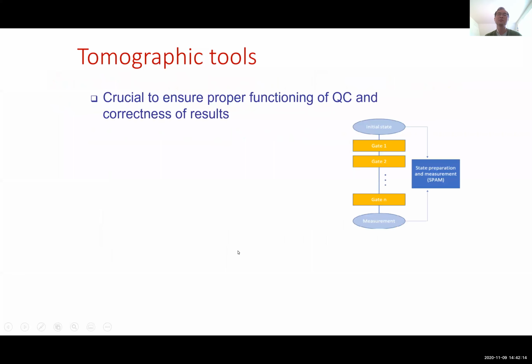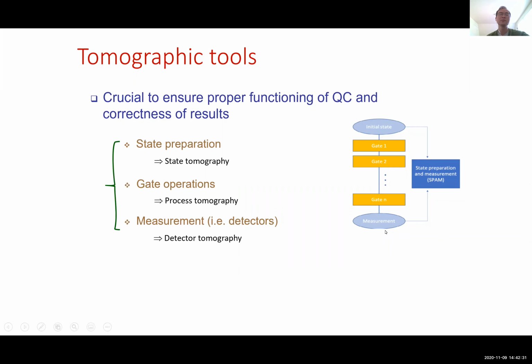We mentioned the importance of tomographic tools because you need to know the proper functioning of your elements, such as state preparation, gate operation, and at the end, measurement. I already introduced the first one, state tomography, and then I started discussing process tomography.